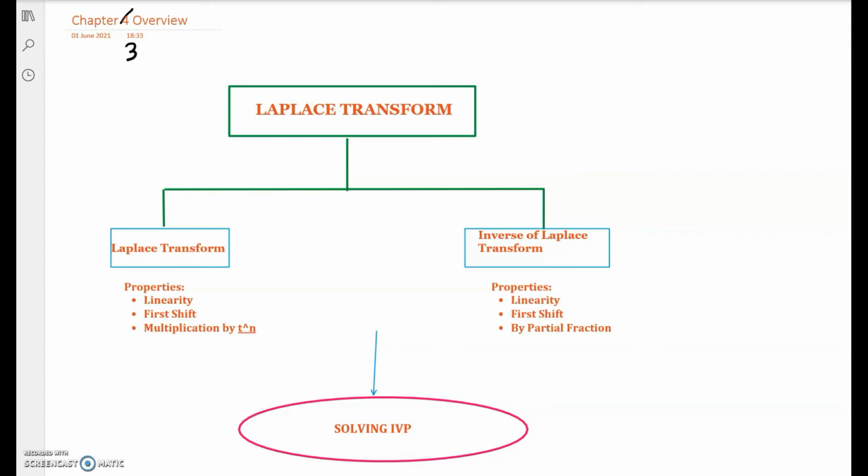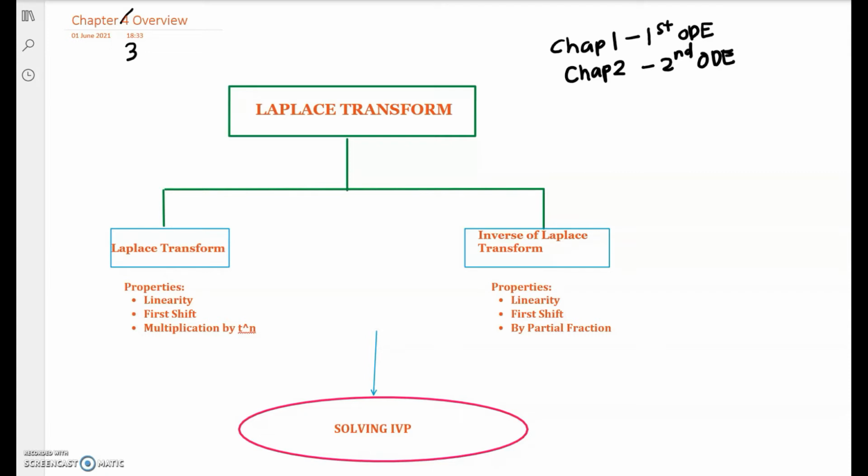If you still remember, in chapter 1 and chapter 2, we discussed first order linear differential equations, and in chapter 2 second order linear differential equations, while in chapter 1 we discussed 4 types of equation.